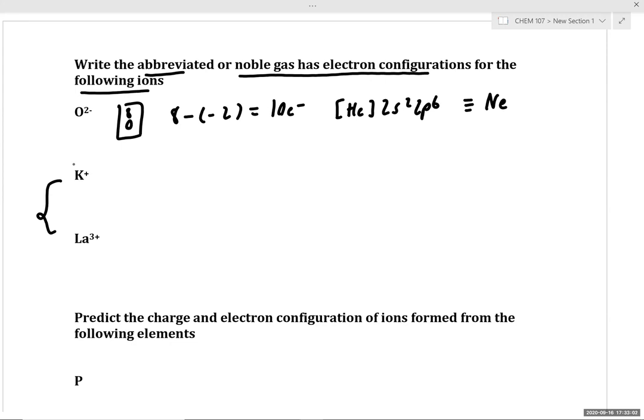And we're already starting to see some reasonable responses in the chat. Let's try to get a few more responses before we discuss. This is really just getting everyone used to writing electron configurations for common ions that they'd see in this class.